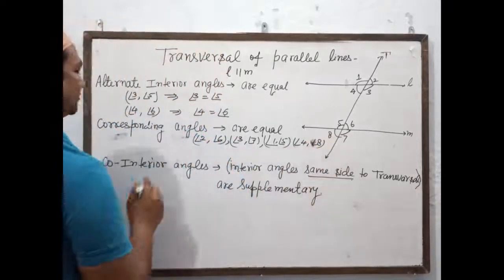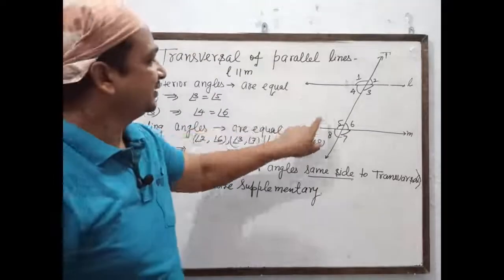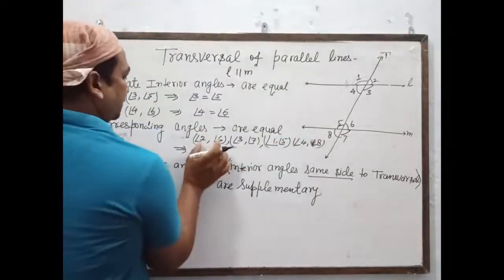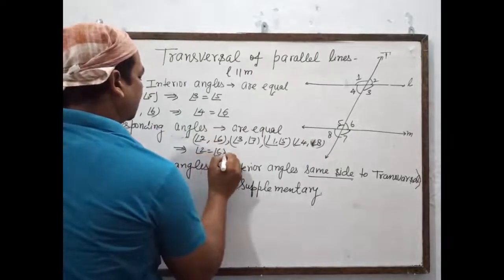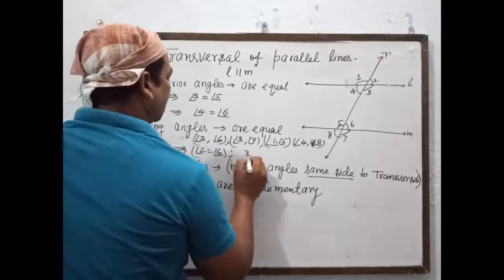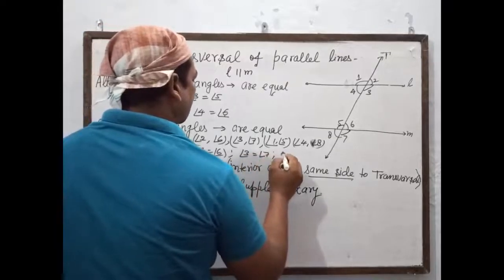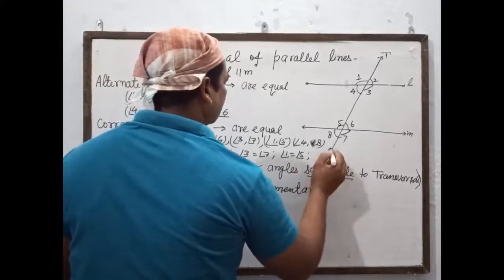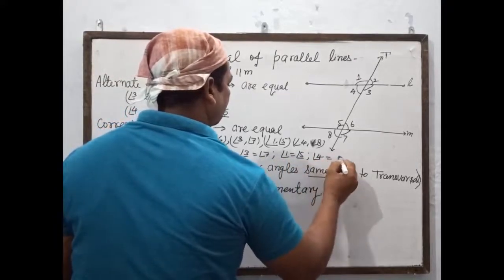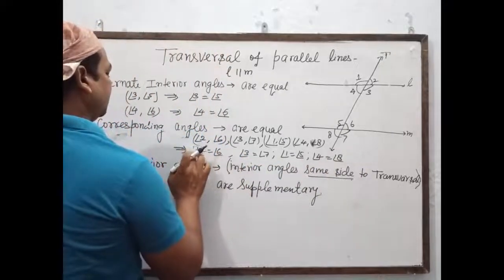These are 4 pairs of corresponding angles. This implies that if these two lines are parallel, then these angles are equal: angle 2 equals angle 6, angle 3 equals angle 7, angle 1 equals angle 5, angle 4 equals angle 8.